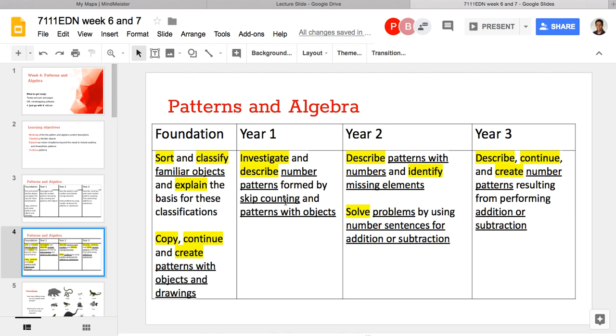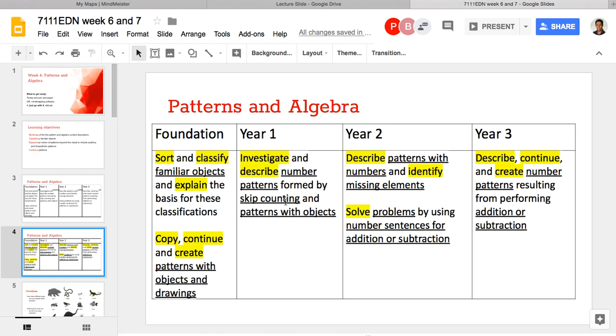A key skill that students will be working on, not only in year 1, but also much further on, and we touch upon this concept again of skip counting when it comes to having students fully understand their multiplication times tables, for example. Because you can practice skip counting in twos, for example, 2, 4, 6, 8, 10, 12, and so forth.